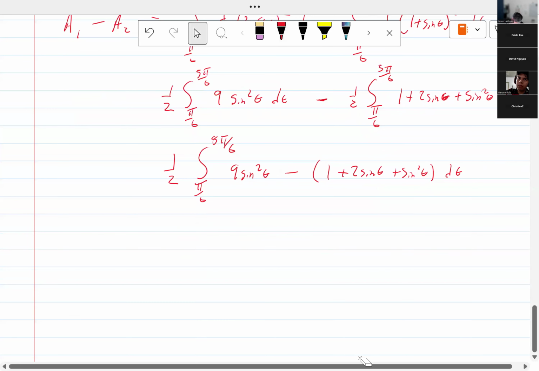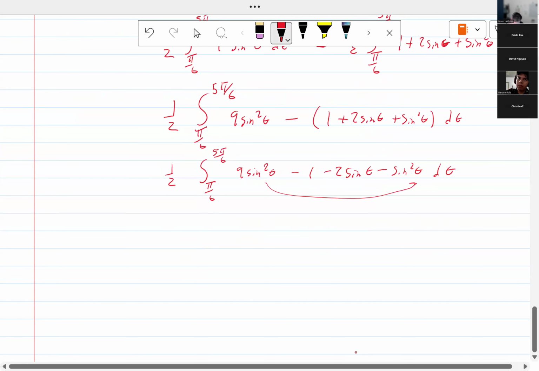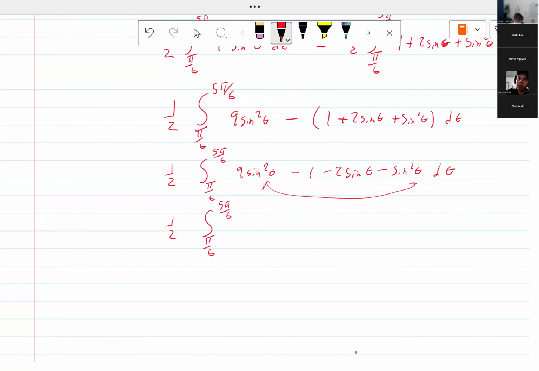So now this becomes 1/2 from pi over 6 to 5 pi over 6 of 9 sine squared theta minus 1 minus 2 sine theta minus sine squared theta d theta. I combine these two like terms here: 8 sine squared theta minus 2 sine theta minus 1.